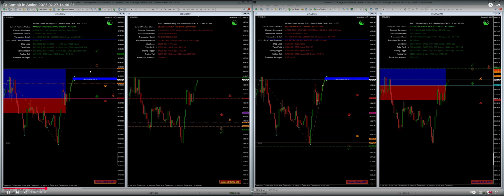We have a trailing trigger with a trailing stop, and the green check mark that you saw just a few seconds ago that disappeared was our partial close level.